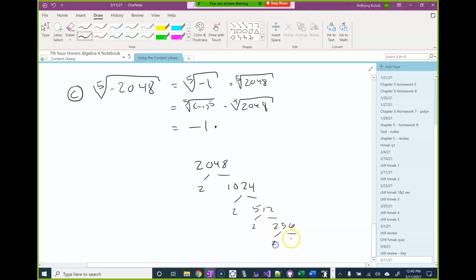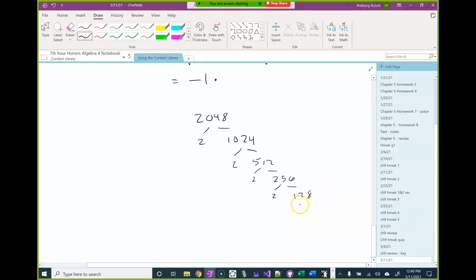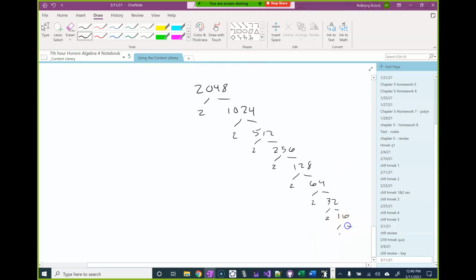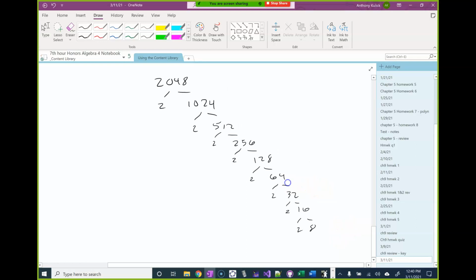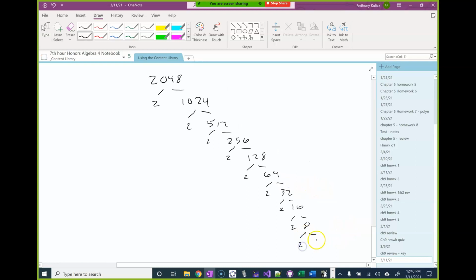And you notice that I always, when I do this, just use the smallest prime that I can come across right away. So if I have an even thing or whatever, I'm just going to do 2 and whatever else I get.